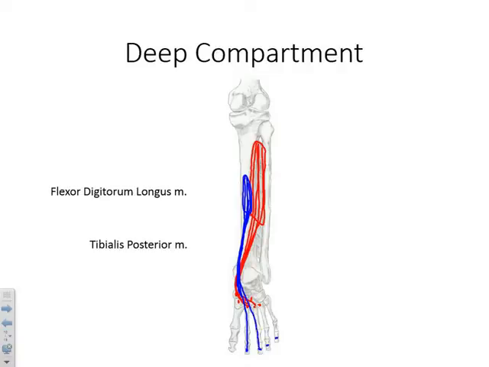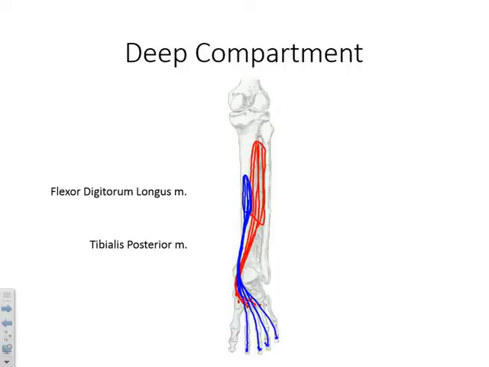So tibialis posterior ends up being more anterior in this situation. And as you can tell from the way that these two tendons interact, tibialis posterior is going to be responsible for plantar flexion, whereas flexor digitorum longus is going to assist with plantar flexion, certainly, but it's also going to be responsible for flexion of digits 2 through 4.